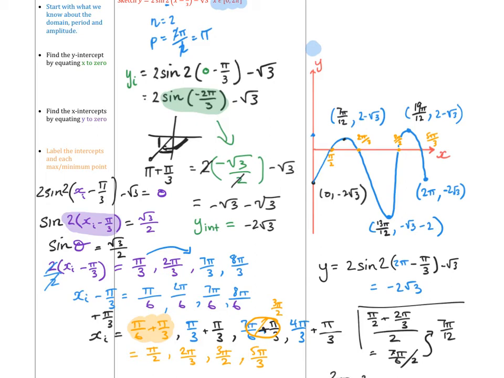I just changed colour, my apologies. We've got our endpoint, which in this case was going to be the same as the y-intercept. And our maximum and minimum we found by getting the midpoint of the first two x-intercepts.